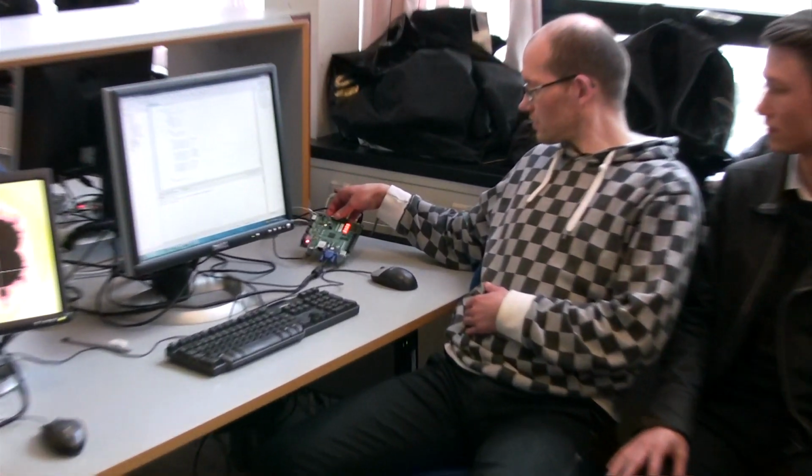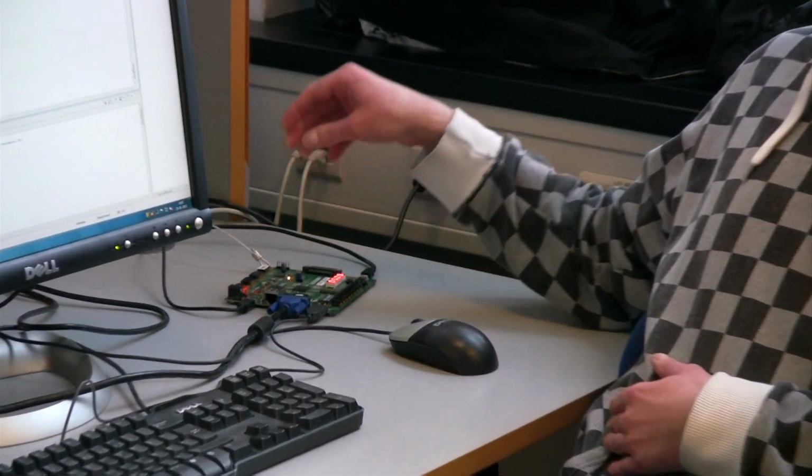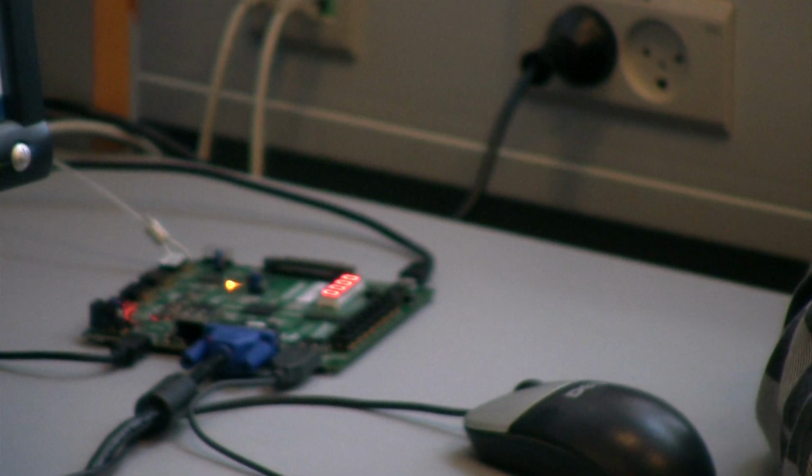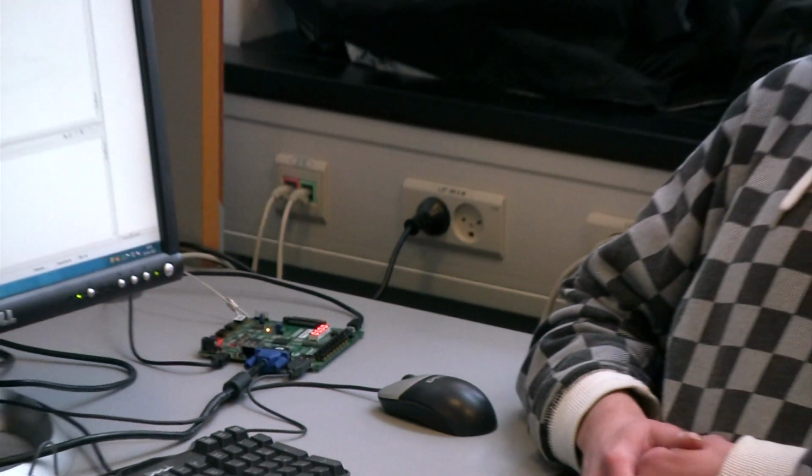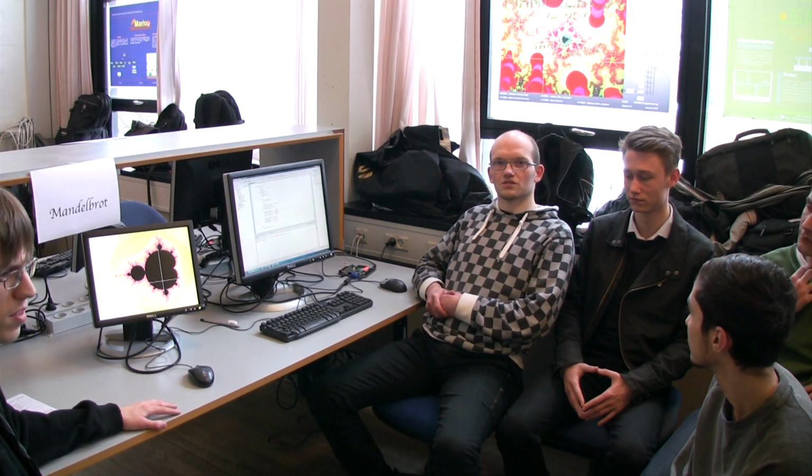We have built a Mandelbrot fractal renderer, and we've built it using this FPGA board. It's programmed in VHDL, and we had an LC3 CPU that was given to us by the teacher as a black box, and then we have built a number of components around it.